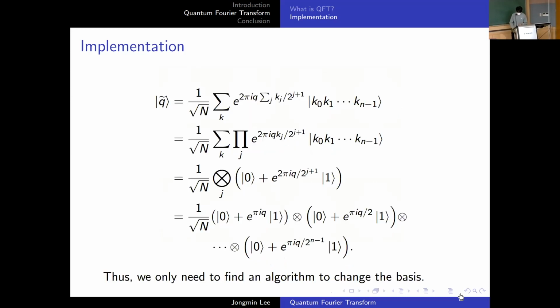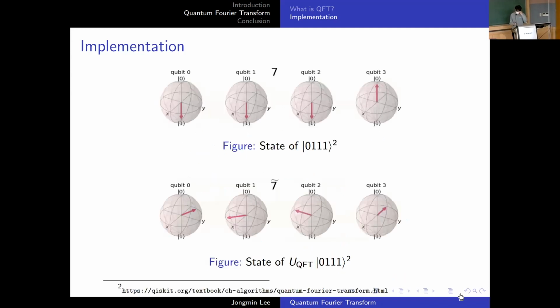We can see that in the last equation, the first term in the tensor product is the exponential of i pi q, which has the values only plus 1 or minus 1, but the last term has all the points in Z_{2^n}, which are 2 to the n points in the complex plane, on the unit circle.